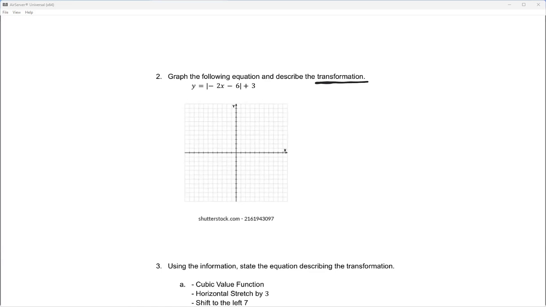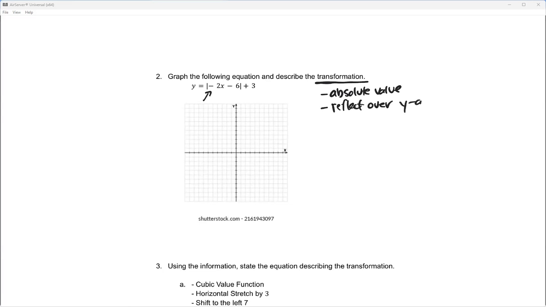First of all, what function? What's the parent function? Is it linear? It's the absolute value. So it's absolute value. Okay. What does the minus sign do? Does it reflect over what? Over what?